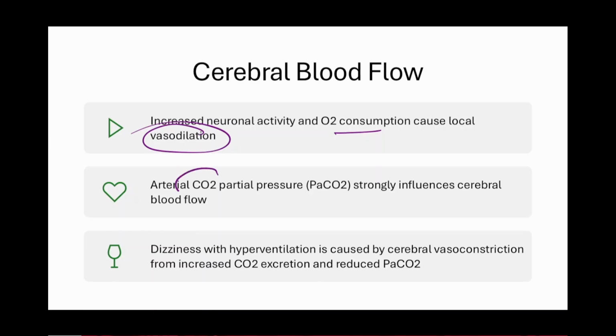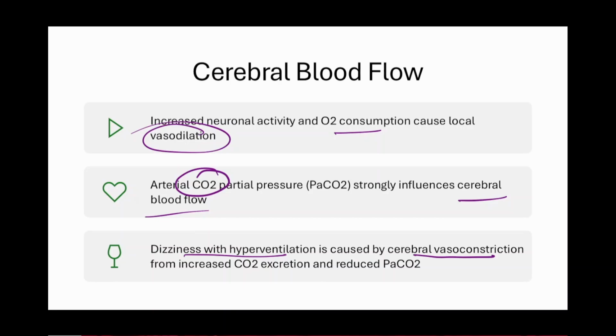Arterial CO2 pressure strongly influences cerebral blood flow. So we're going to talk about CO2 when we come to the pulmonary system, but CO2 partial pressure really influences cerebral blood flow. Dizziness and hyperventilation are caused by cerebral vasoconstriction when you hyperventilate.